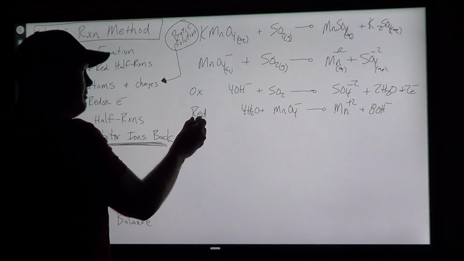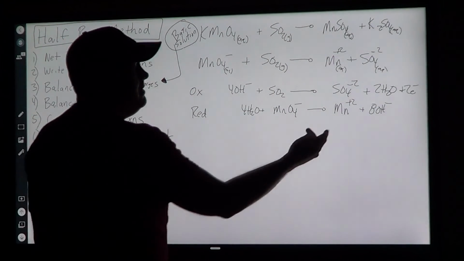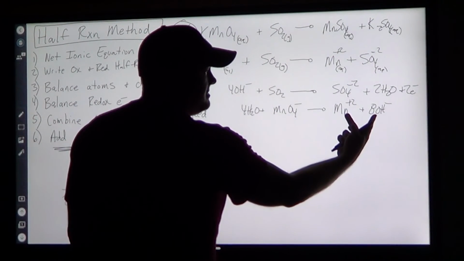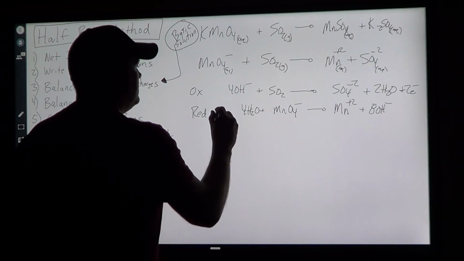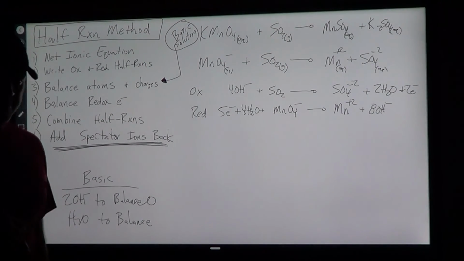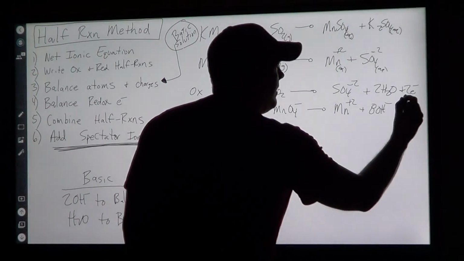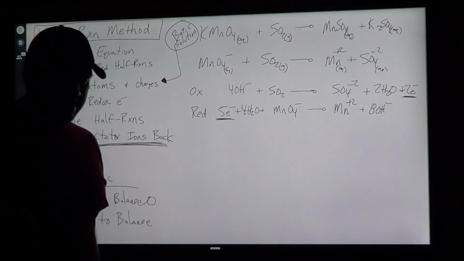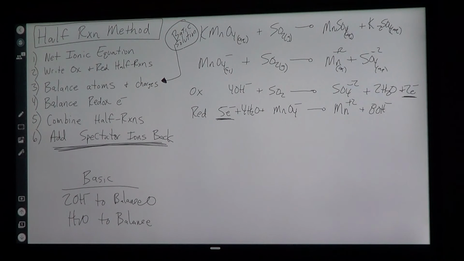If it's truly reduction, then the electrons have to go on the left-hand side. The right side is -6. Currently the left side is -1. So again, we need our 5 electrons. Notice how this and this are the exact same number for the acidic solution and the basic solution.